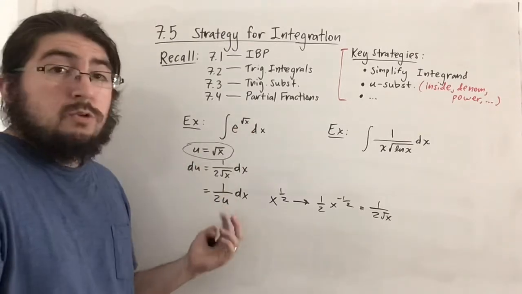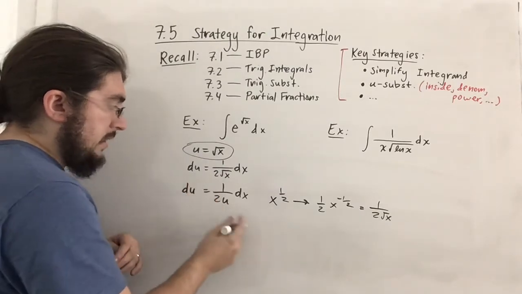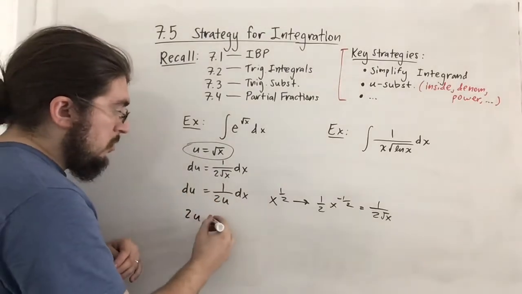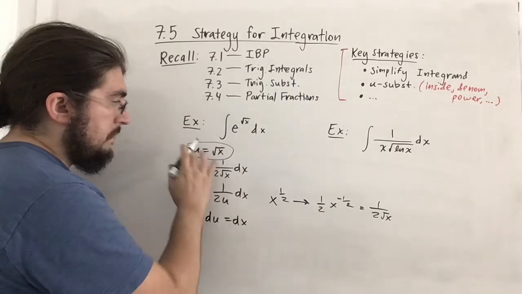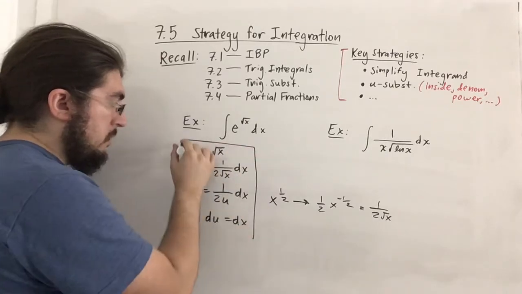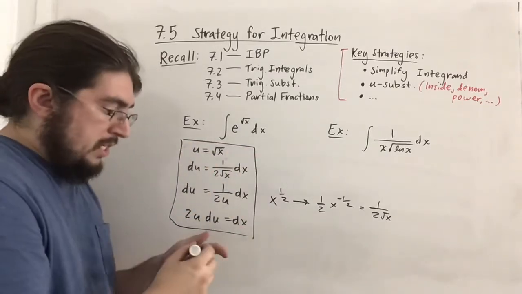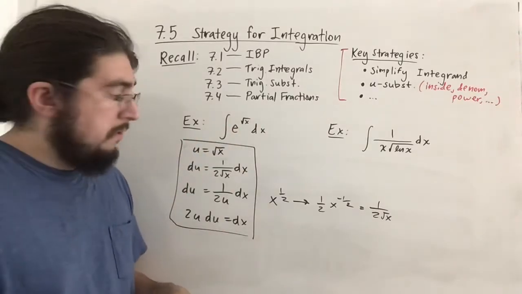We have no u's in it, but we can always solve for dx. So if you solve for dx in terms of u, then 2u du is going to be equal to dx in this case. So let me get rid of that circle for a moment. I'm going to box all this because we're going to use a lot of information here in the substitution to see if we can make any progress with this integral.